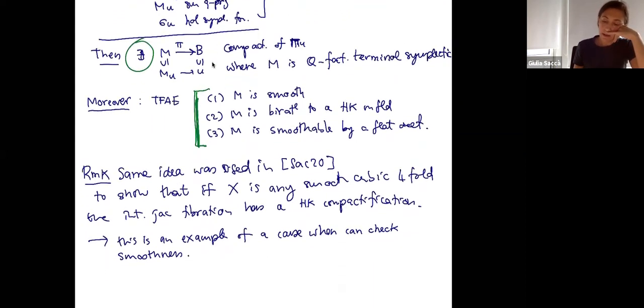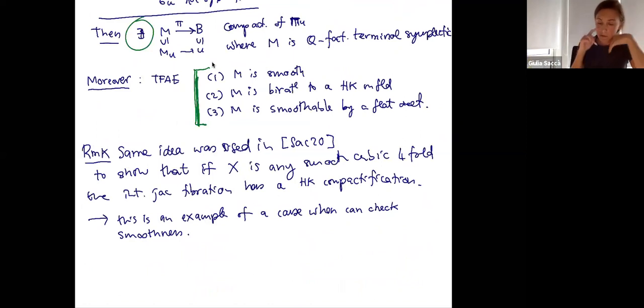Let me just give you an idea of how you apply this kind of theorem and the smoothness criterion to get a hyperkähler compactification of the intermediate Jacobian fibration of any smooth cubic fourfold.